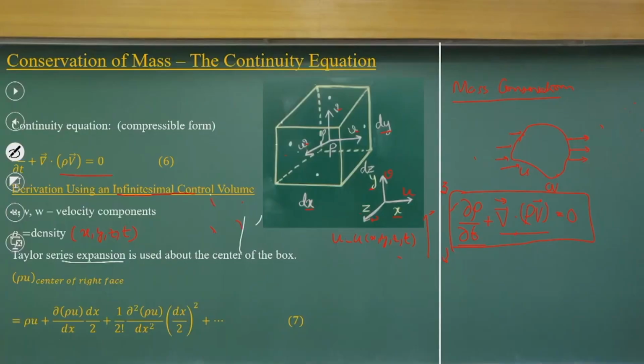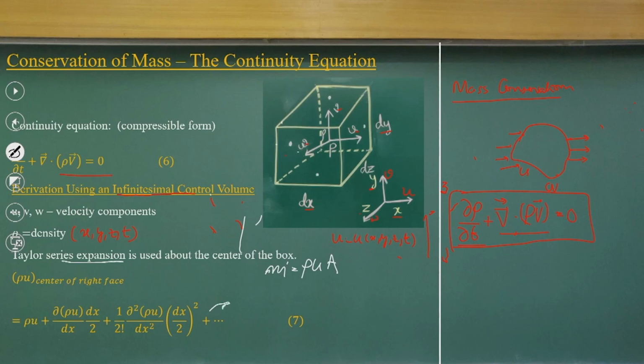Now, if I put in a Taylor series expansion, I am looking at the mass flux, as you know. The mass flux is rho u into area, rho into q.